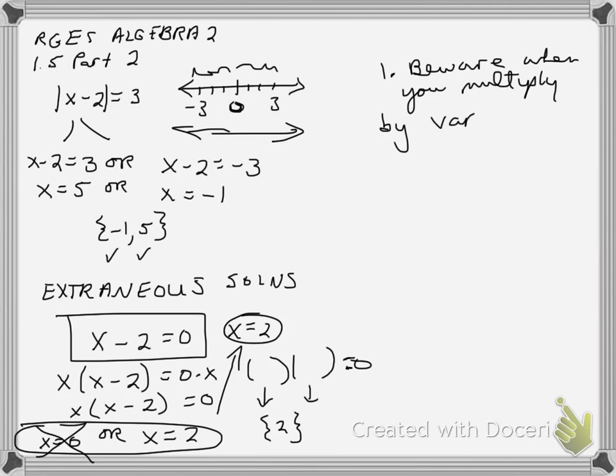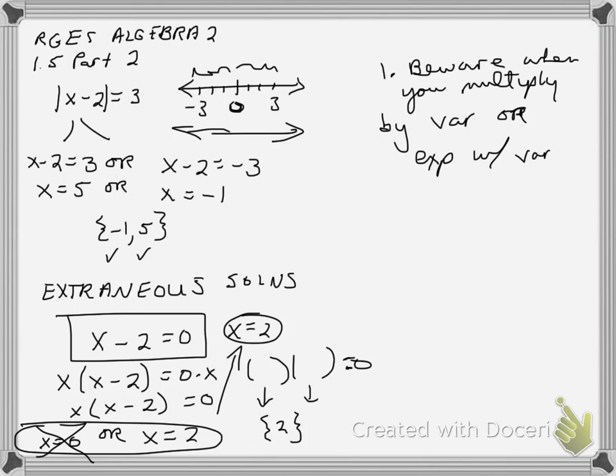I could have also run into trouble if I tried to, for instance, multiply both sides of the equation by an expression like x minus 2, an expression with a variable. So every time you do that, sometimes you'll want to do that, but every time you do it, you must stop and check your answers, making sure they're all valid before you conclude your solution set.